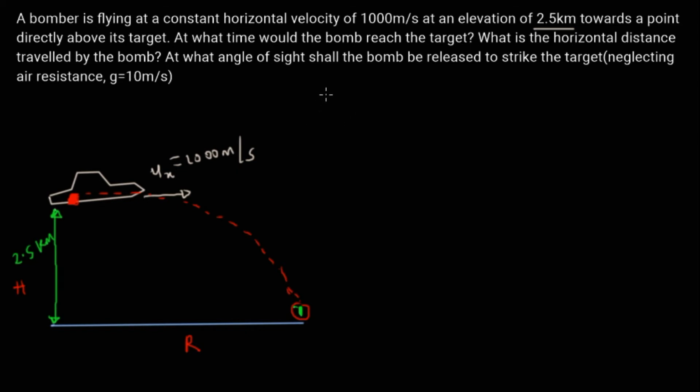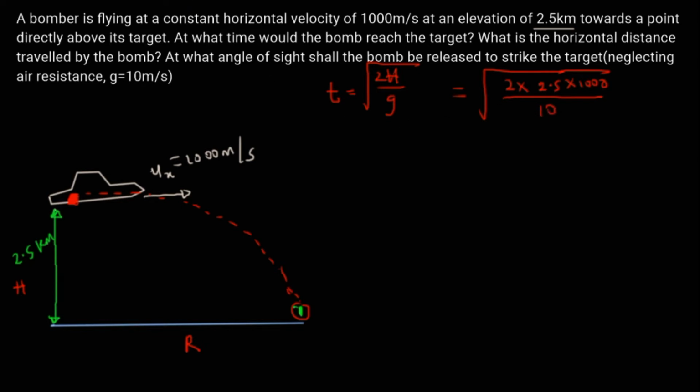The time at which the bomb will reach the target, we have found that the time is the root of 2h upon g, which is equal to the root of 2 multiplied by the height. The height in this case is the elevation. So we can find the elevation, which is 2.5 kilo, that's 2500, upon g, which is given as 10.